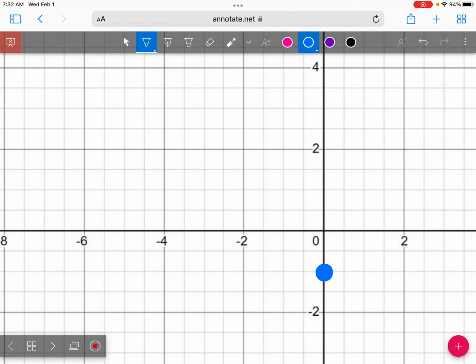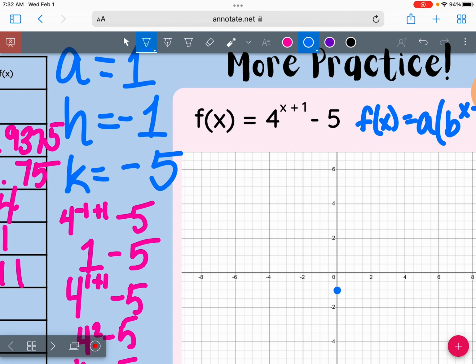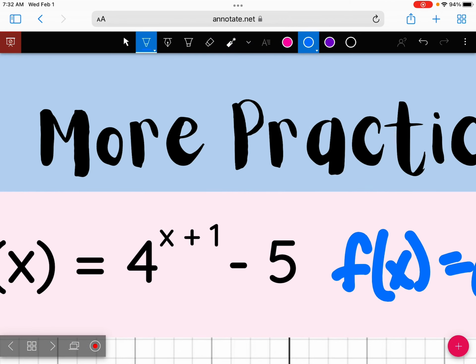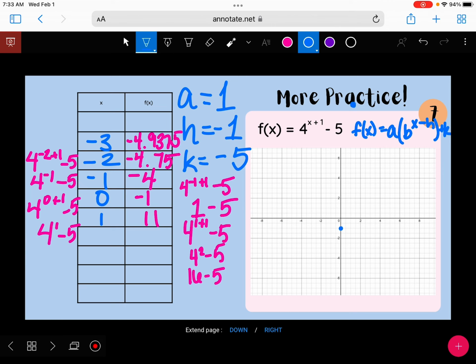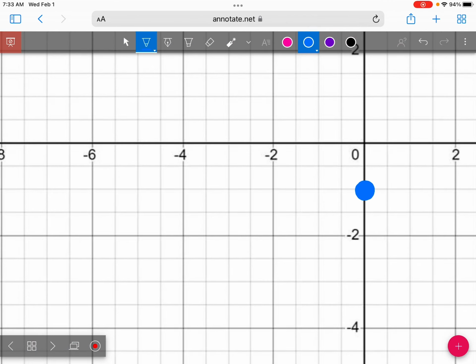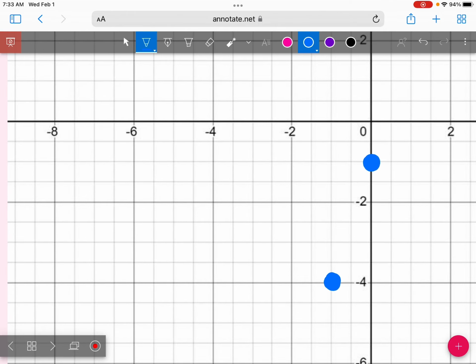Then we've got 1, 11, which is going to be right up at the tail of that graph up there, if we were to plot it. And then -1, -4. And then -2, -4 3/4. And then -3, -4.9. It's right there on the edge.